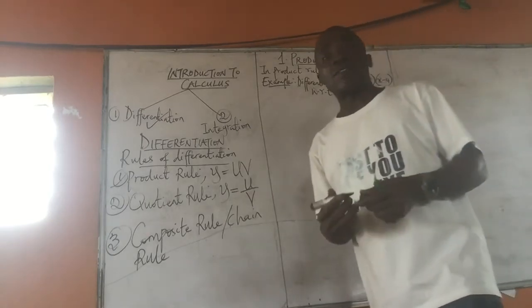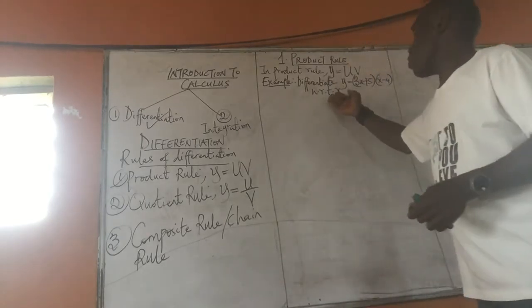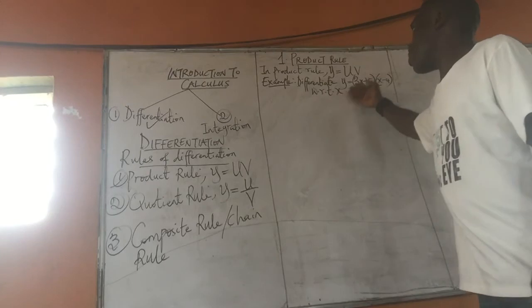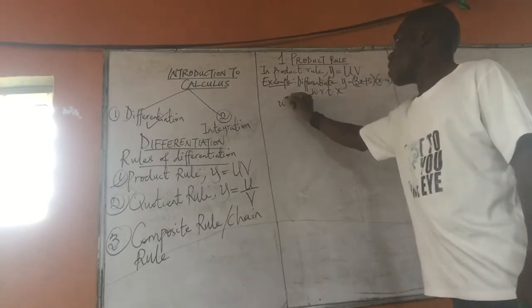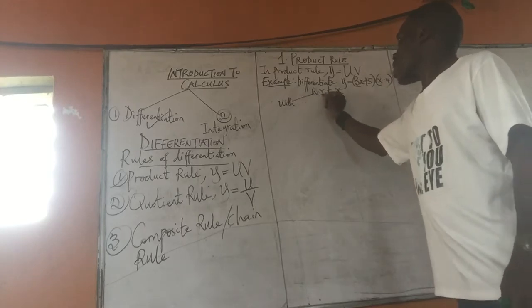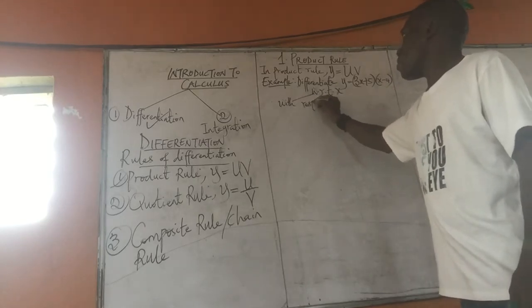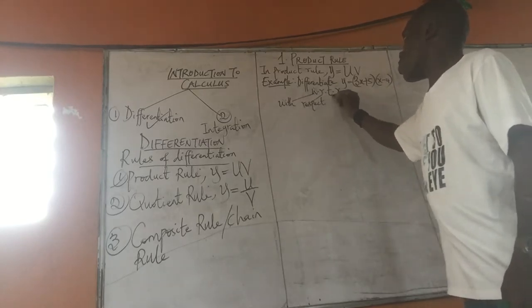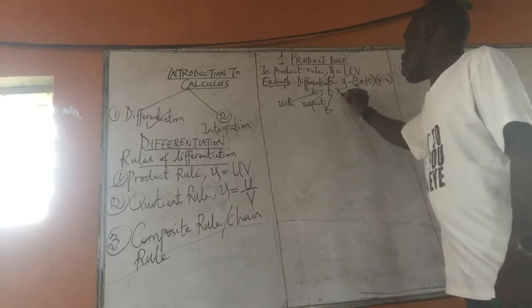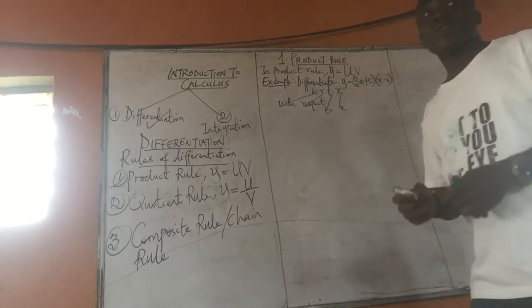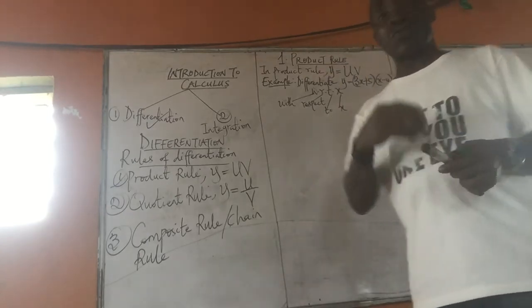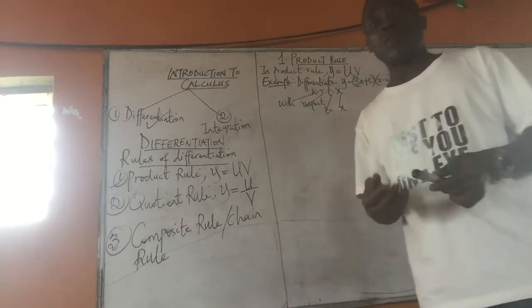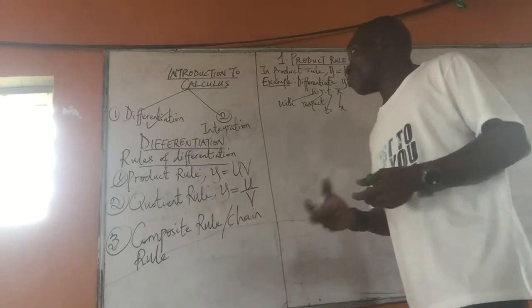Now the student will ask, what is the full meaning of w.r.t. x? This means with respect to x. Now looking at the question on the board, how do I differentiate that? For me, differentiating this is very simple.